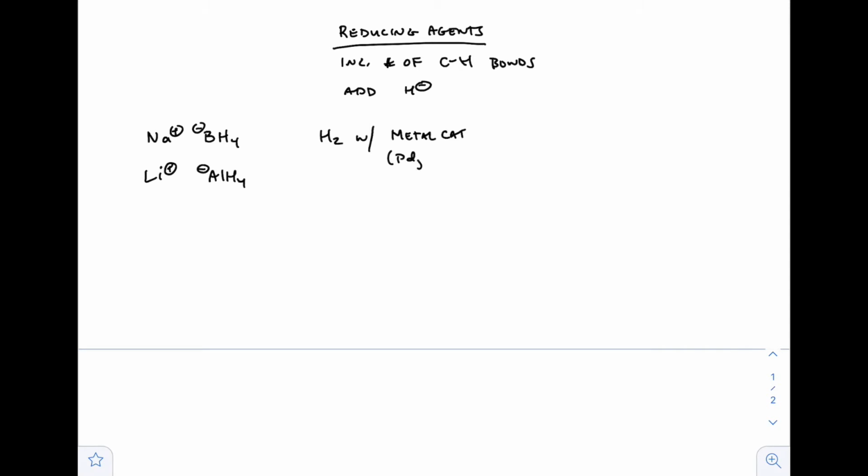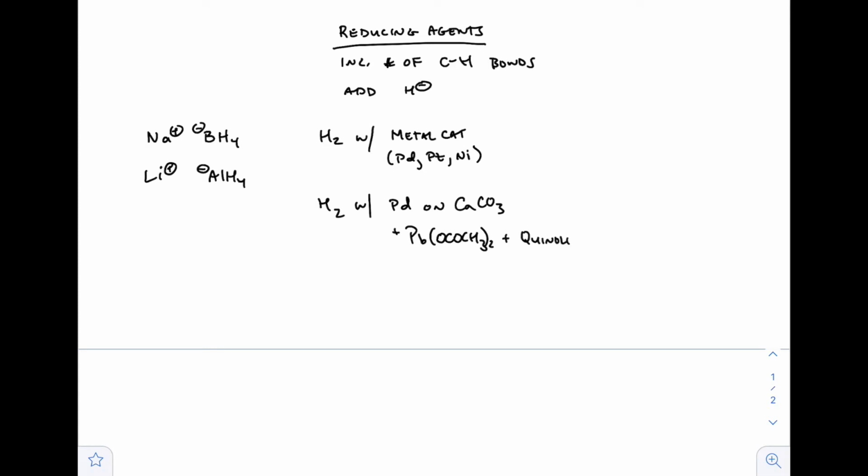H2 with some metal catalyst, such as palladium, platinum, or nickel, is another method of reducing alkenes, for example. And then we can have H2 with a palladium, a metal catalyst, but it's different than the palladium above. It's palladium on calcium carbonate with lead acetate, so lead OCOCH3.